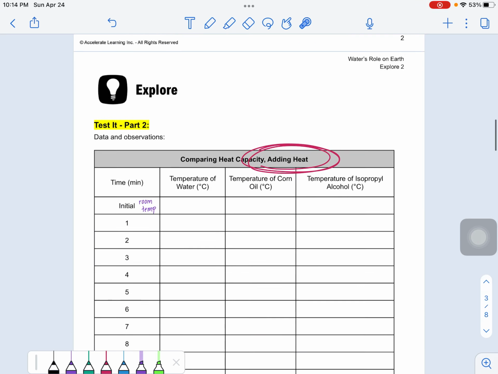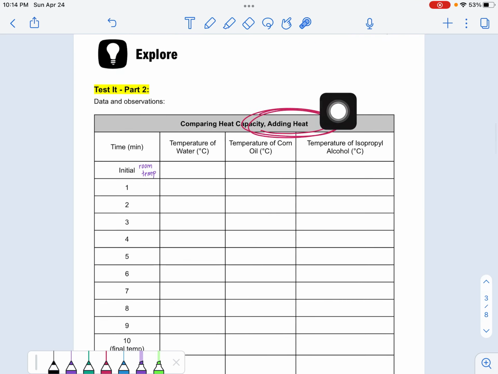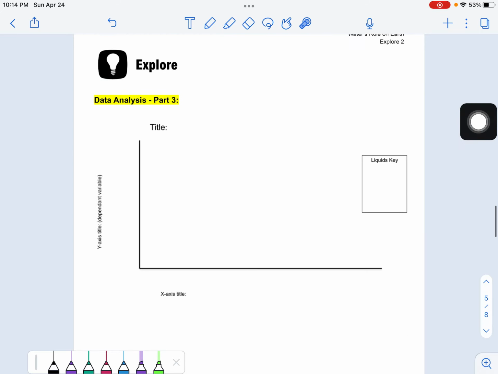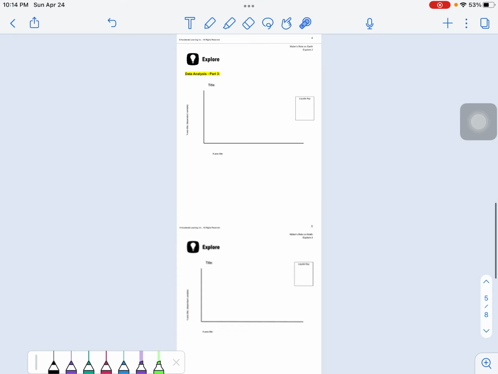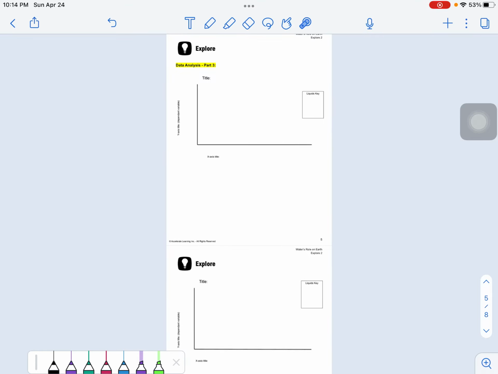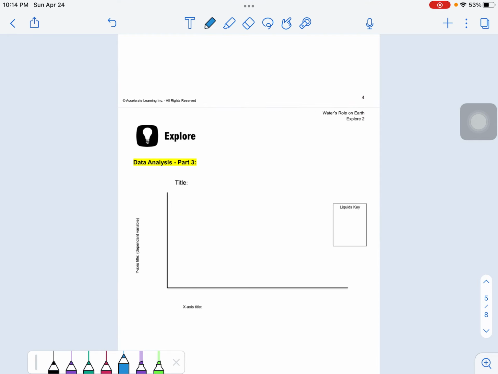For part 3, what we want to do is take the data we collected here and plug it into a graph. So there are, notice, 2 graphs here in part 3. They are identical. One is going to be for your adding heat data, and the second one is for the removing heat or the cooling data.